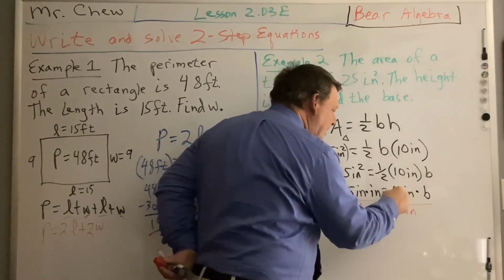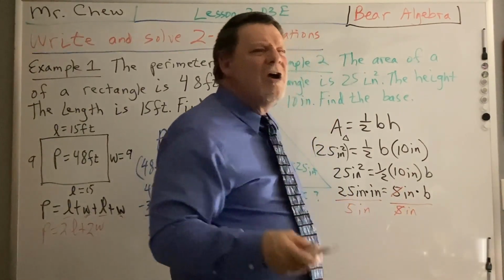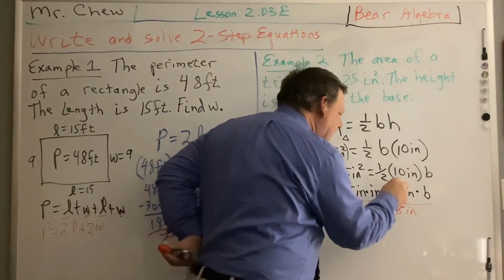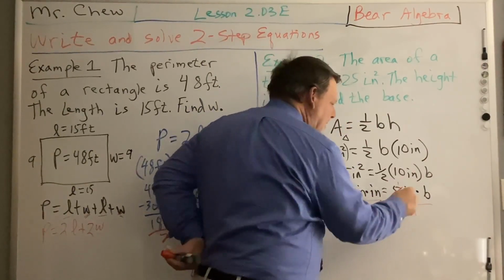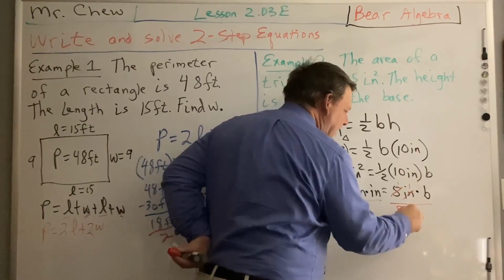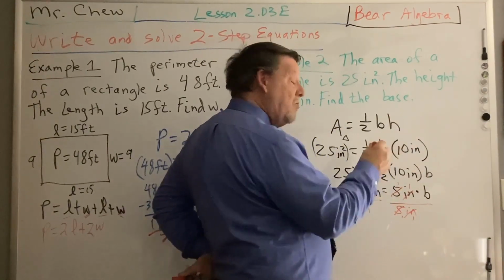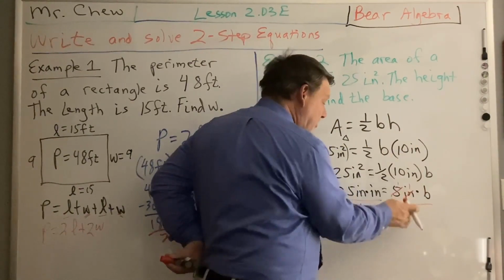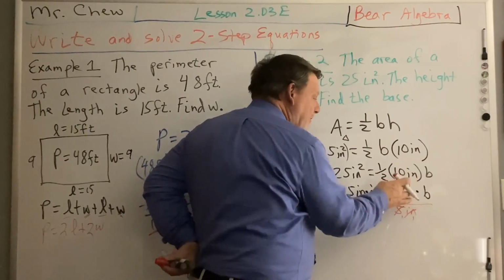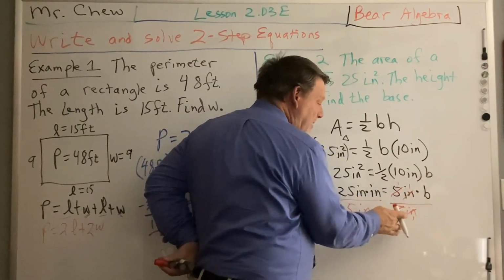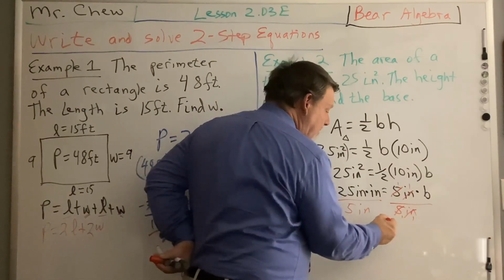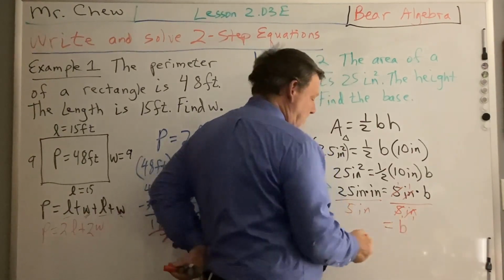So some teachers will teach you to cancel this out. It's really a common factor that ends up being 1/1. The inches, same thing. Common factor of dividing the numerator and denominator by inches, dividing it by 5. And we've got 1 times 1 times B divided by 1 times 1, which equals B.